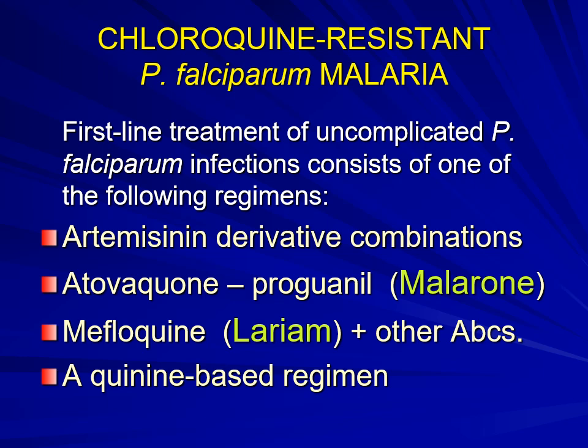Mefloquine, Lariam, with other drugs as well. And then a quinine-based regimen can also be used. Those are the 4 alternatives that can be used in treatment of malaria. They are quite effective, and as you may notice, usually in combination, not one drug alone.